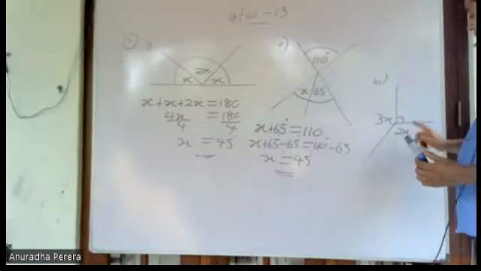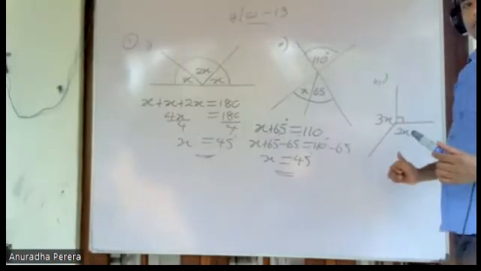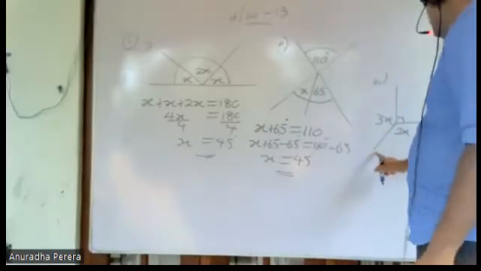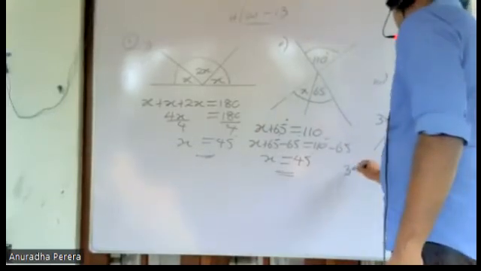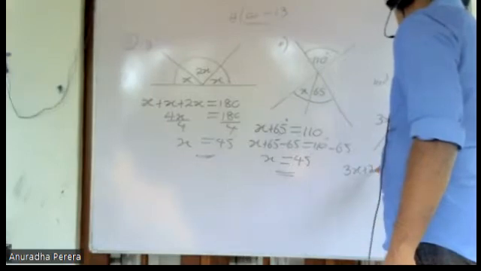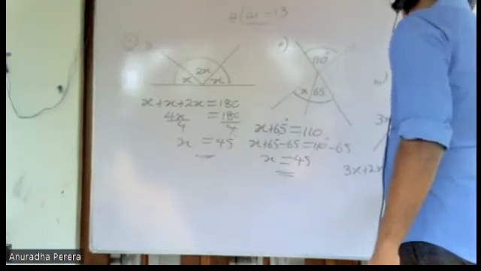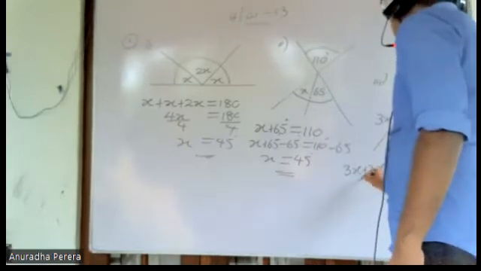Third one, we can construct an equation. We can apply the sum of angles around a point is 360 degrees. And 3x plus 2x plus 90 equals 360. 5x.